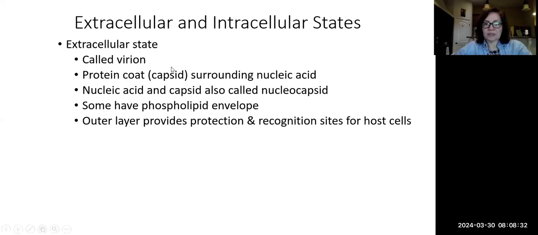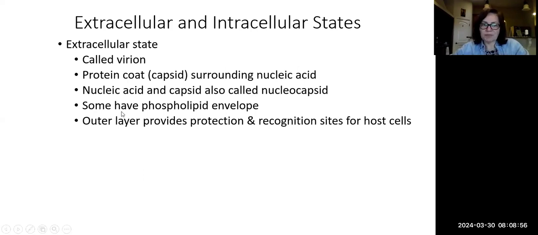That genetic material, I told you it could be DNA or it could be RNA, but it's always protected around the outside with this structure that's made of proteins. And again, the virus gets us to make its proteins for it. It's around the genetic information. Another term I'm not going to use.